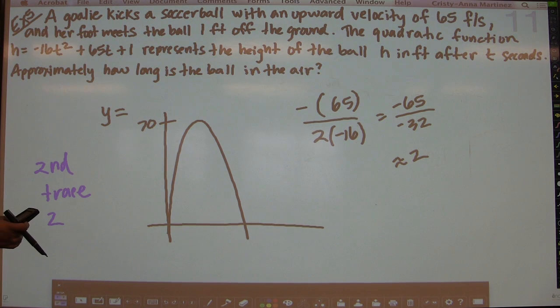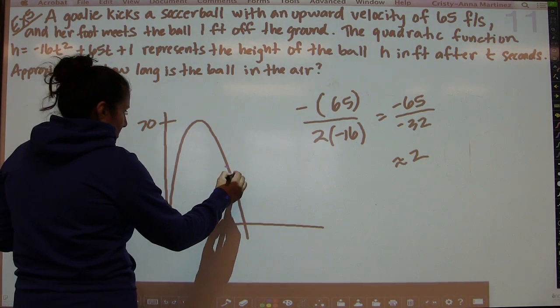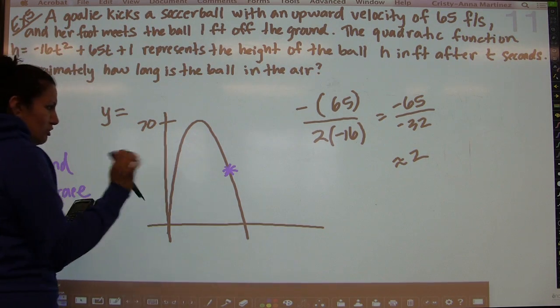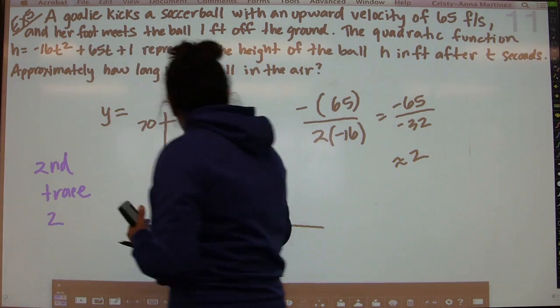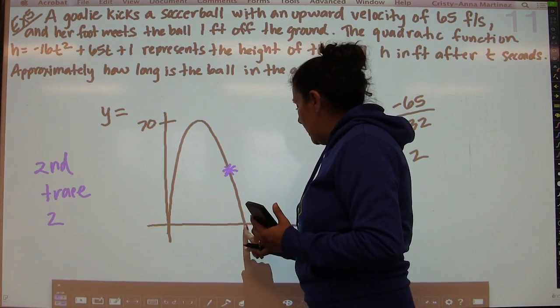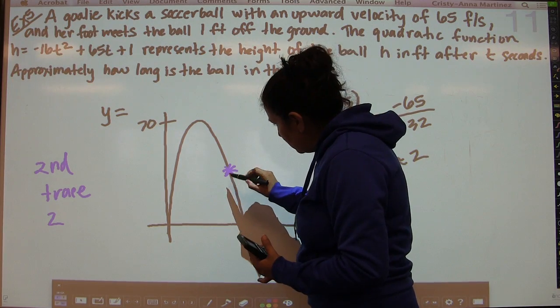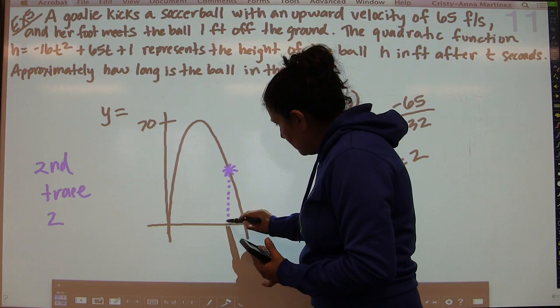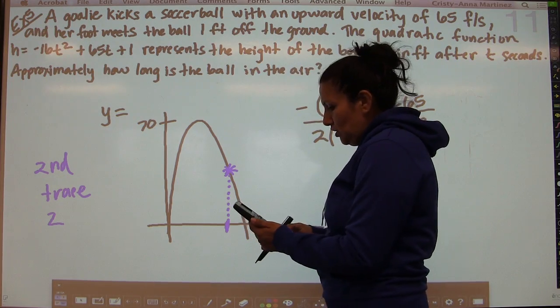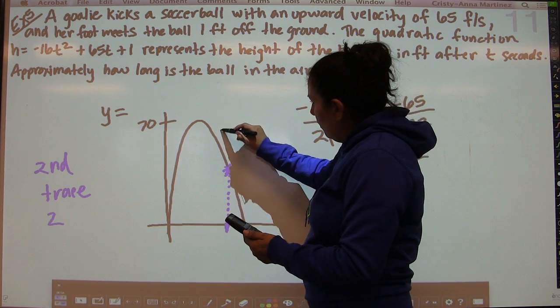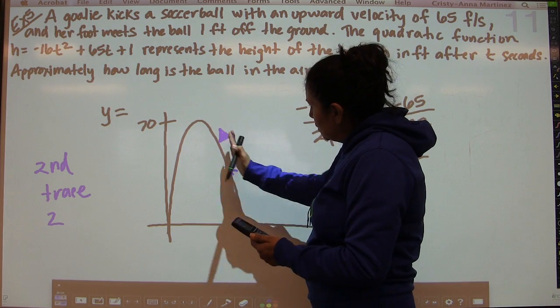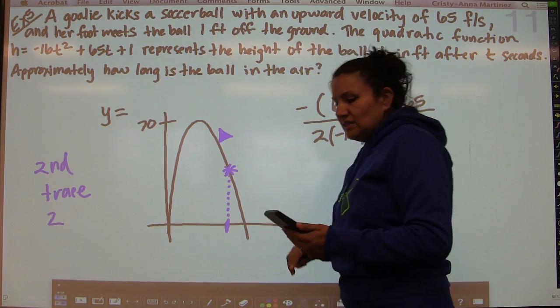So what you want to do is make sure that the cursor is blinking somewhere to the left of where it crosses. So like for example right now, mine's blinking right here. You'll see the cursor is just blinking. This value is before the actual place where it crosses. So the calculator is going to basically take this value here. So when you hit enter, your calculator is going to put an arrow saying that it's going to start from here this direction, and then it's going to say right bound.